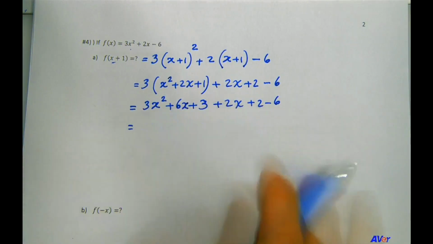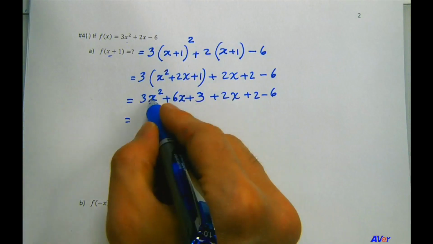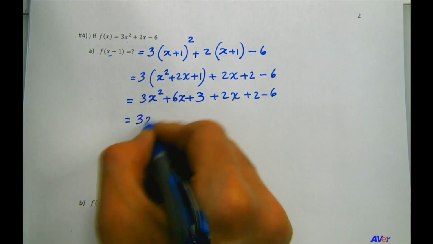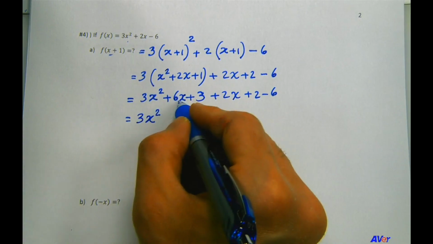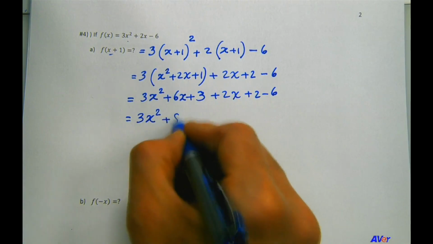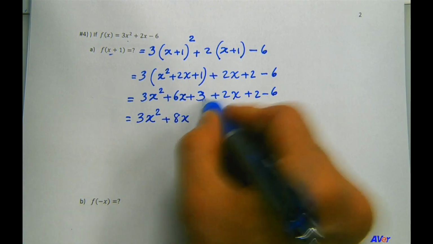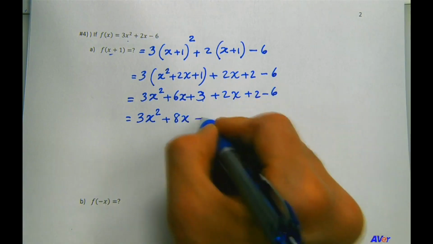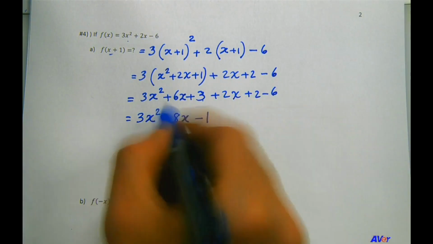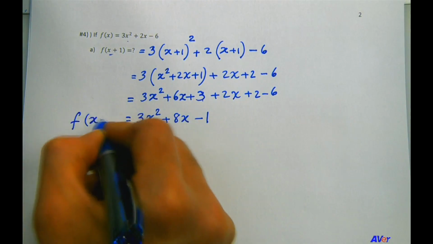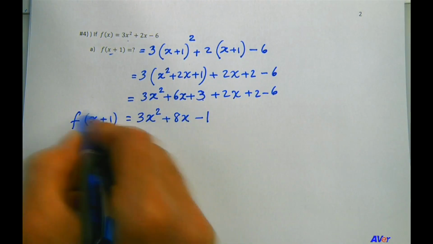So let's combine the like terms. 3x squared, there is no other x squared term here. So 3x squared. 6x plus 2x is 8x. Let's write that down. 3 plus 2 is 5 minus 6 is minus 1. So this whole thing is a new function, f of x plus 1.